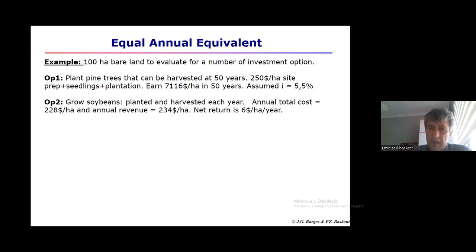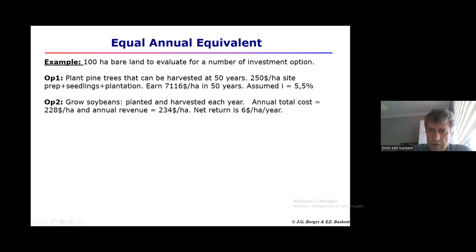So how can we compare these two options having different time horizons? We could immediately remember that we could use either soil expectation value, or annual equivalent cost. So we'll use annual equivalent cost. For option two, we will grow soybeans, planted and harvested each year.